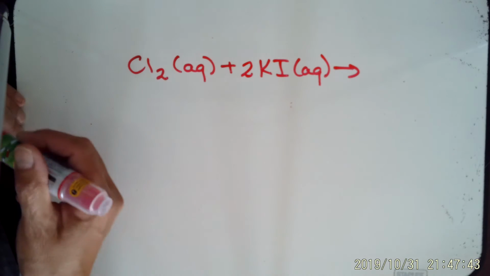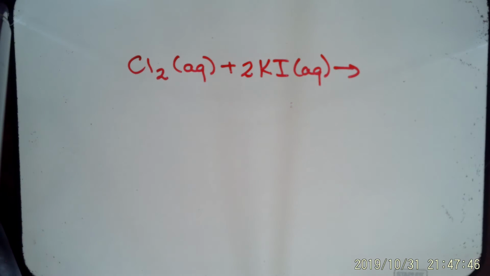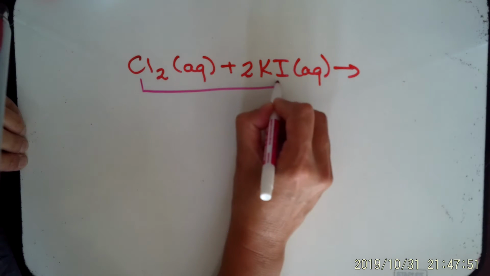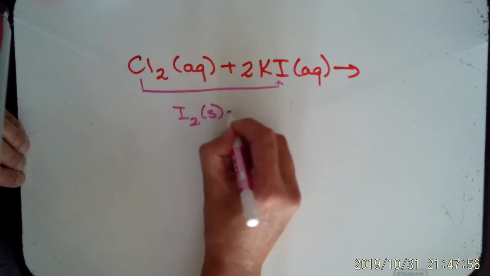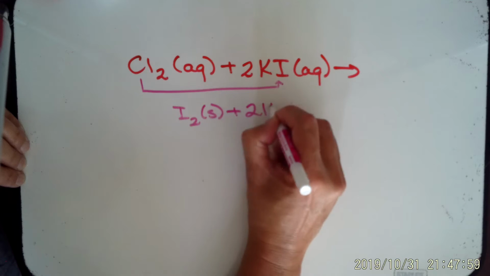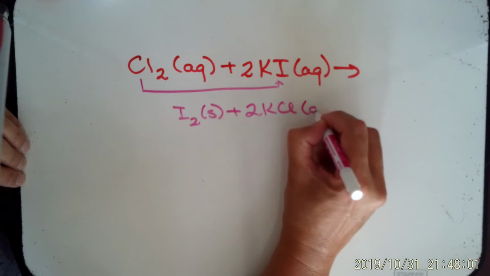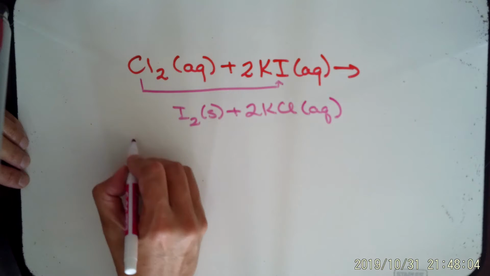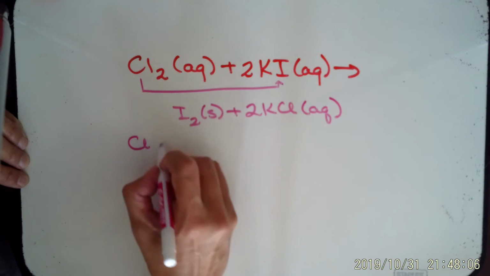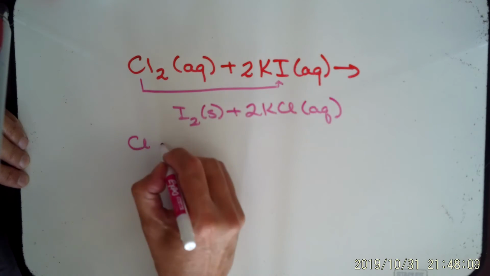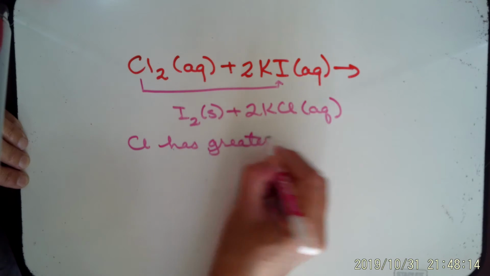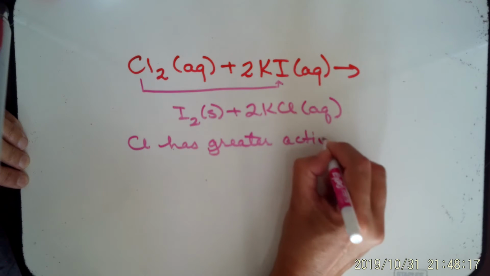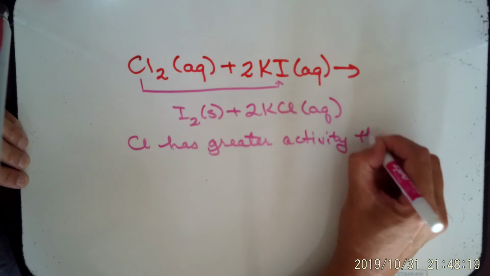So what happens here is that the chlorine will displace the iodine, and you get iodine plus potassium chloride. So we know that chlorine, because it does the displacement, has greater activity than iodine.